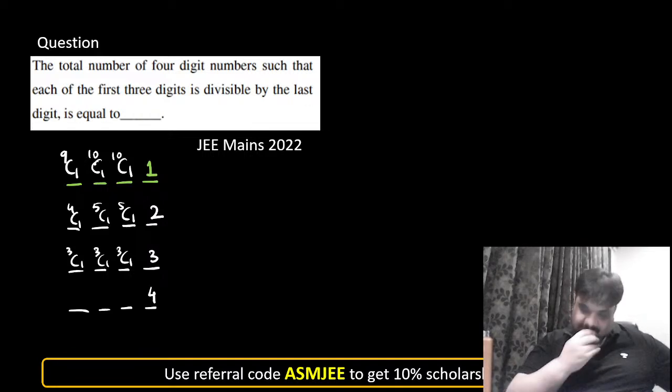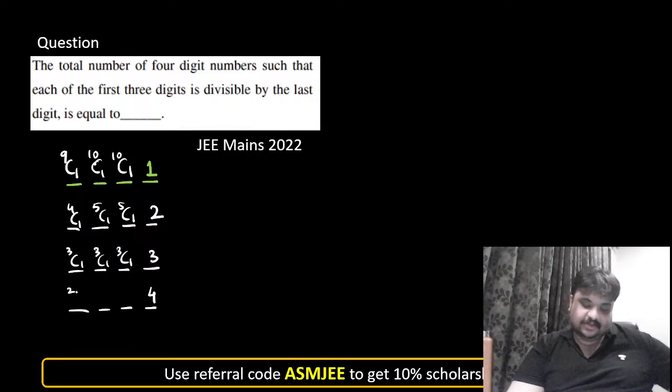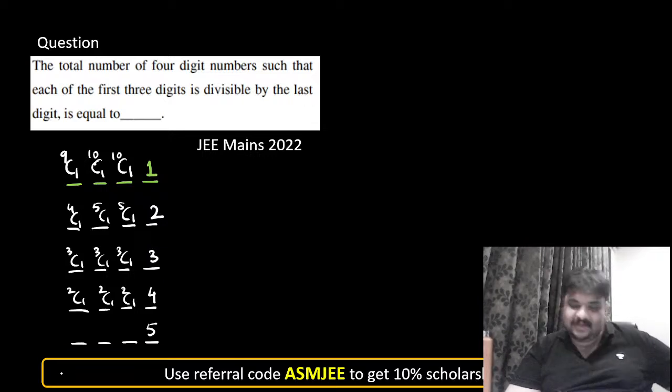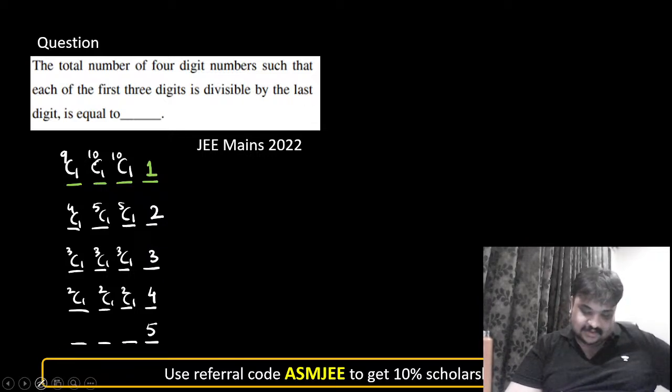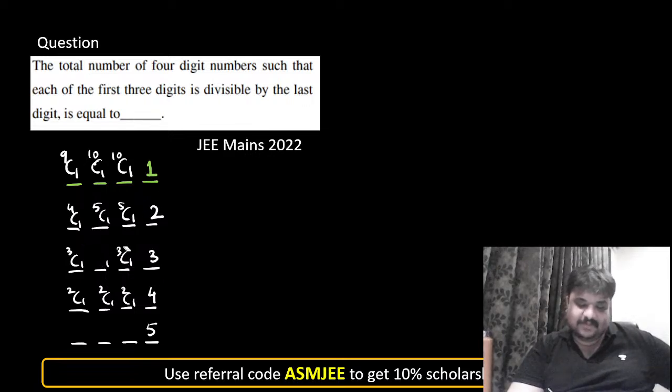4: 4 and 8. 2C1, 2C1, 2C1. 5: there is ambiguity about 0 here.